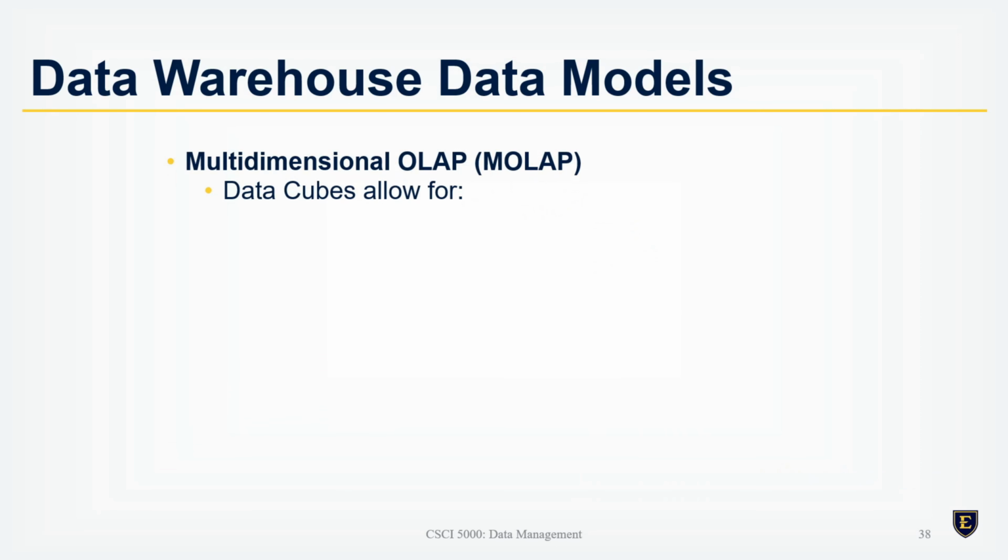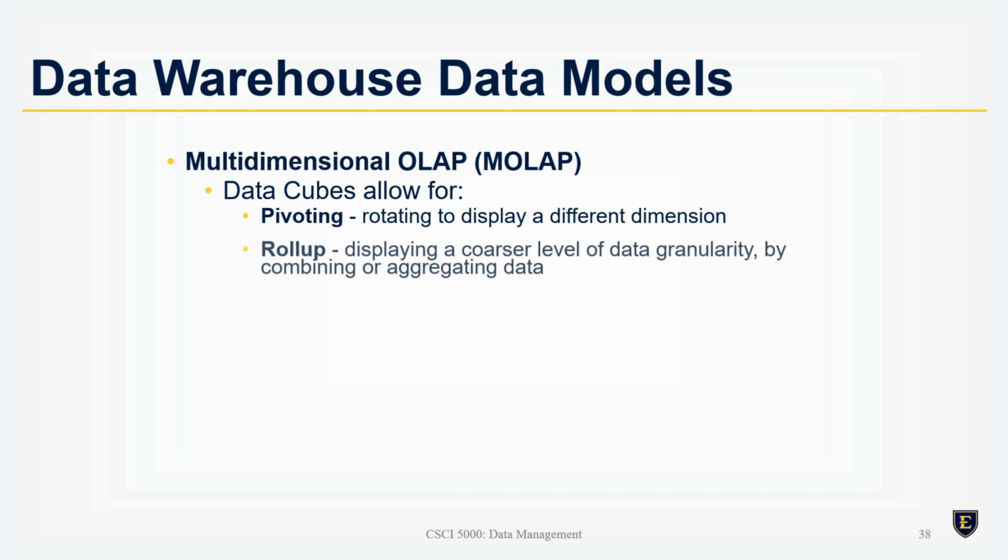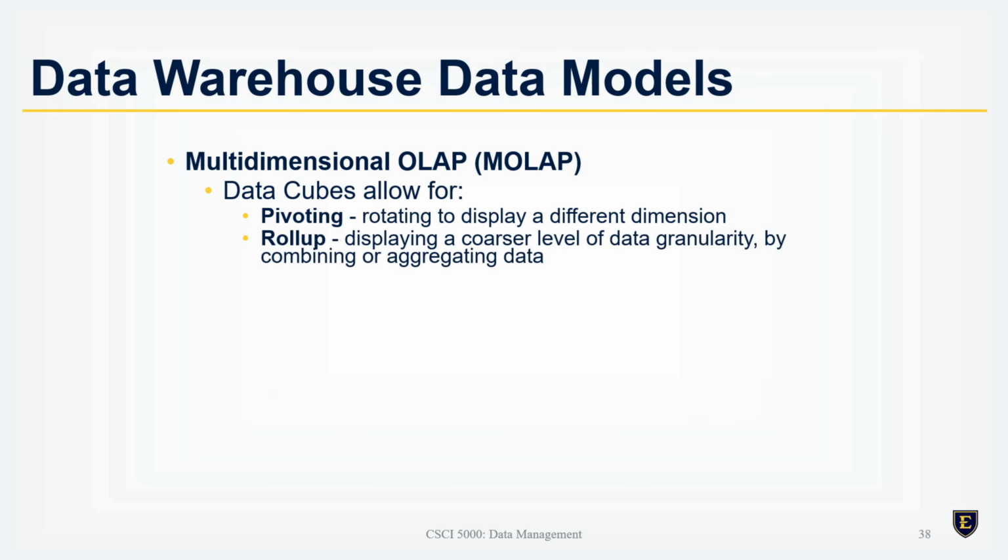So data cubes allow us to do a lot of different things, such as pivoting. We can rotate that cube to display a different dimension. We can roll up and display a coarser view of the data granularity by combining or aggregating data that we have displayed.